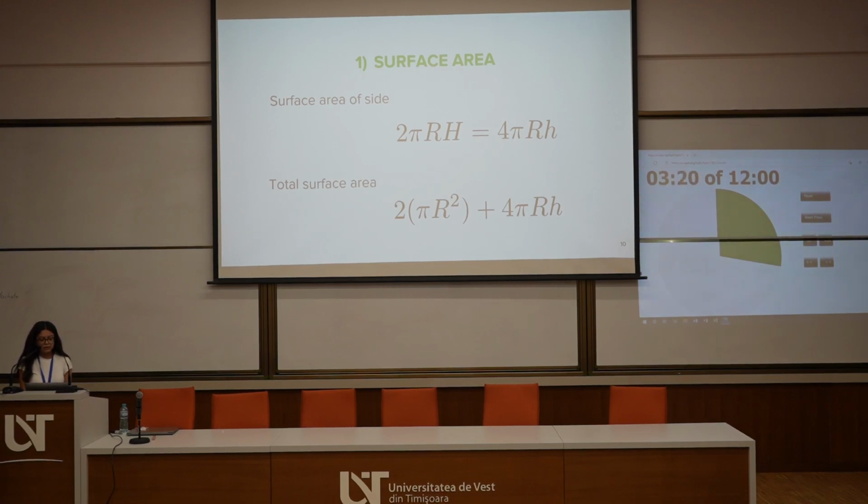So the surface area of the side is the perimeter of the circle times the full height, which would be 4 pi times the radius times the small h, and the total surface area would be that plus 2 times the area of the plane faces, the area of the circle using r as a radius.